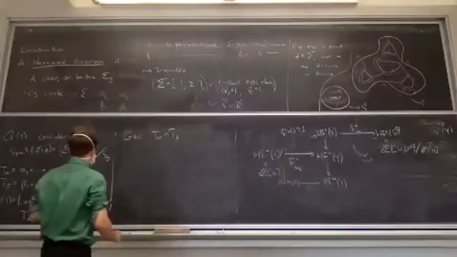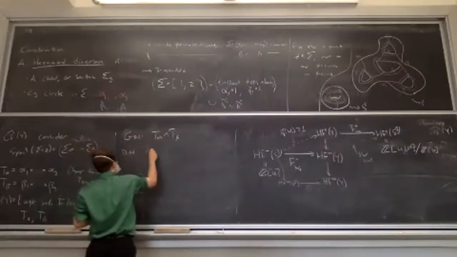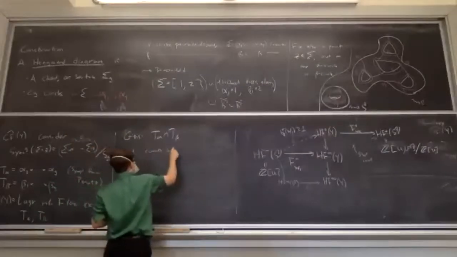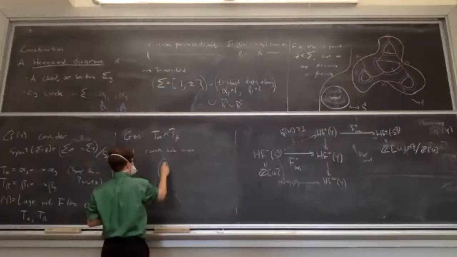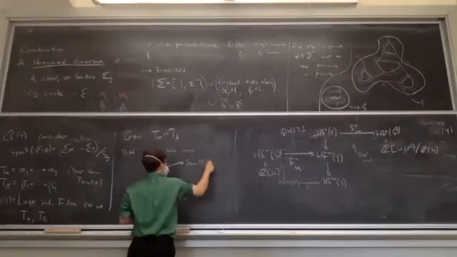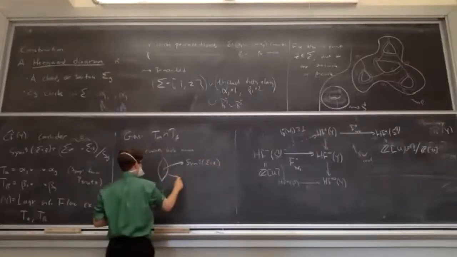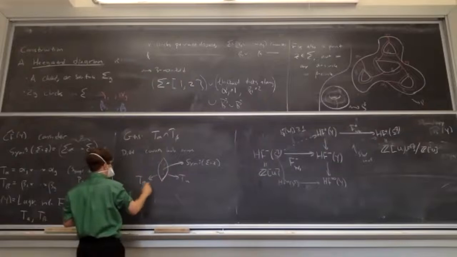Okay. And the differential counts holomorphic maps from a disk to Sym^g of sigma minus z, so that part of the boundary goes to T alpha and the other half of the boundary goes to T beta.